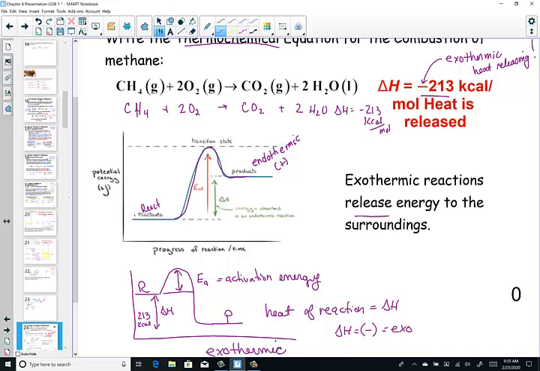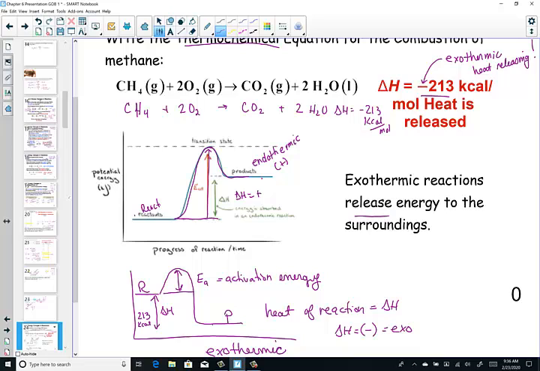So the activation energy, again, from the point where you see the reactants up to the very top of the hill, that's called the activation energy. How much energy is needed to start the reaction? Since the products are of higher energy than the reactants, the delta H here, the heat of the reaction, comes out positive. So we'll compare those graphs in an exo and endothermic process.